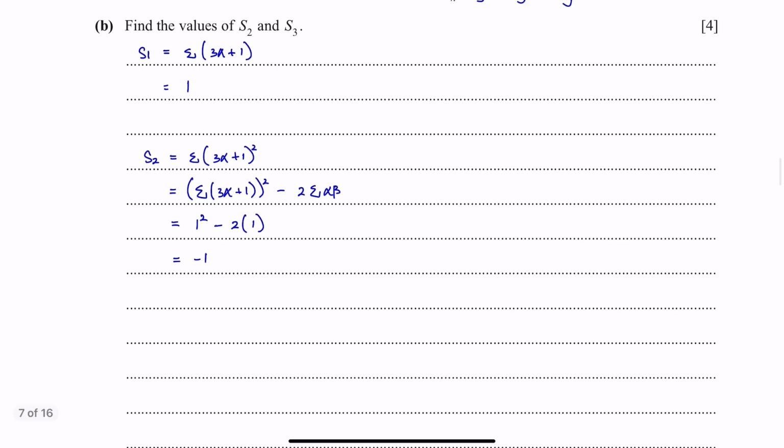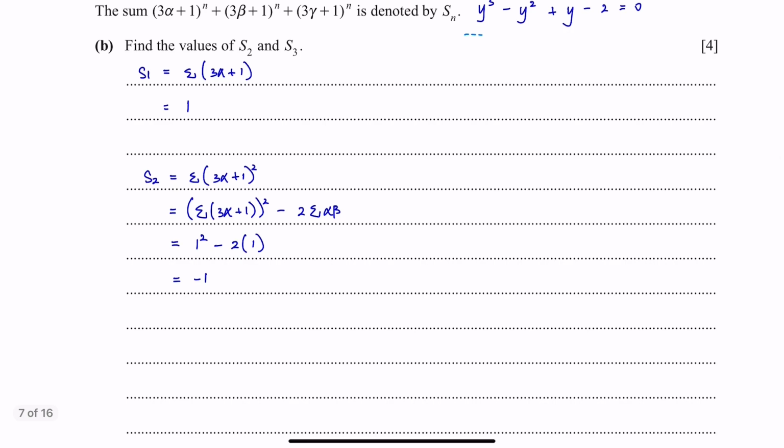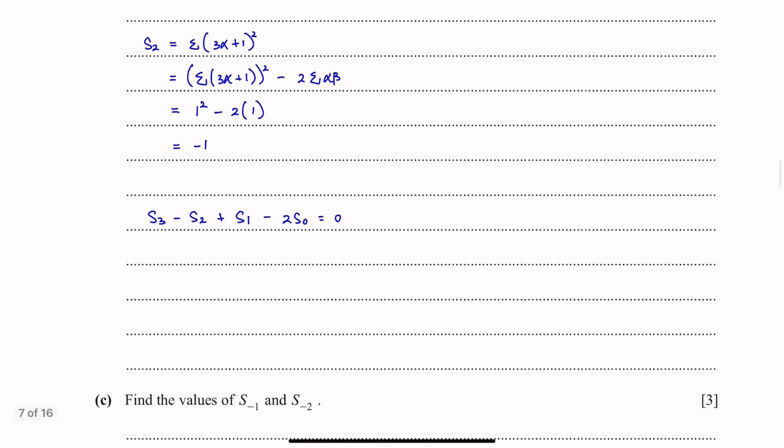And S3, we can rewrite this equation into this form: S3 minus S2 plus S1 minus 2S0. If you want to know why we can write it in this form, you can refer to the video of October-November 2023 paper 1-1. Okay, so we need to find S3.